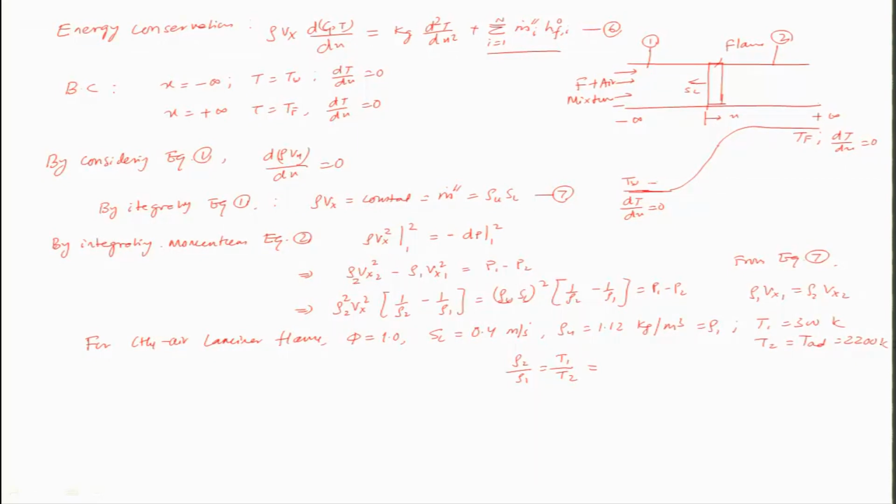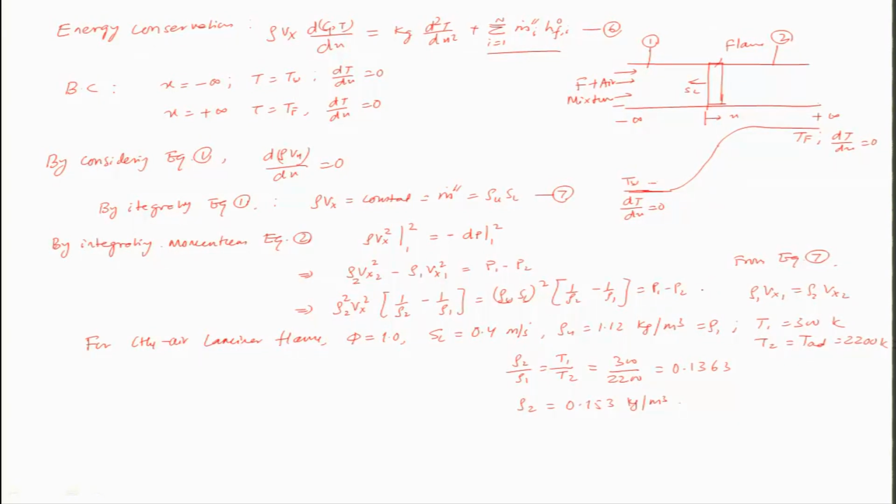If I consider 300 divided by 2200, it comes to something like 0.1363, and similarly the density rho 2 will be 0.153 kg per meter cube.